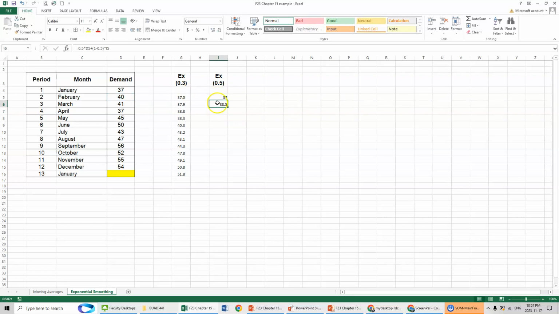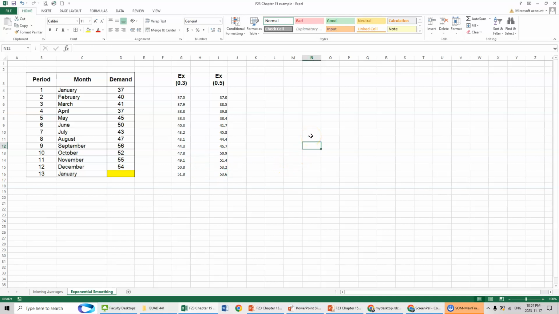And this one forecasts 38.5. If we've set this up right, we can just copy this down. Let's change that to one decimal place. We would then predict 53.6 computer items for the month of January.